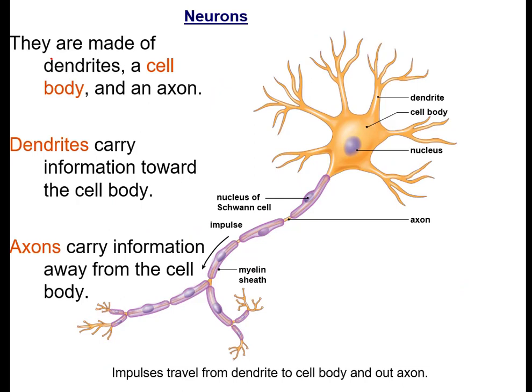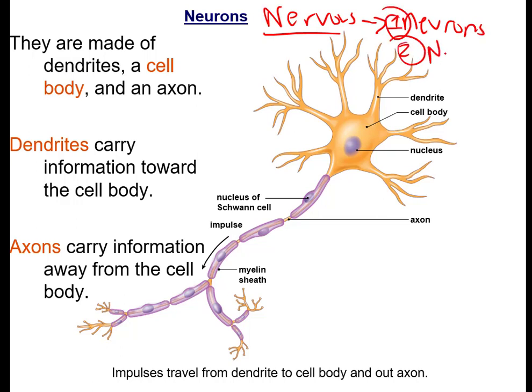The third class of tissue is nervous tissue. There are 2 types of cells that make up nervous tissue. Neurons is one type, and the second type is neuroglia.